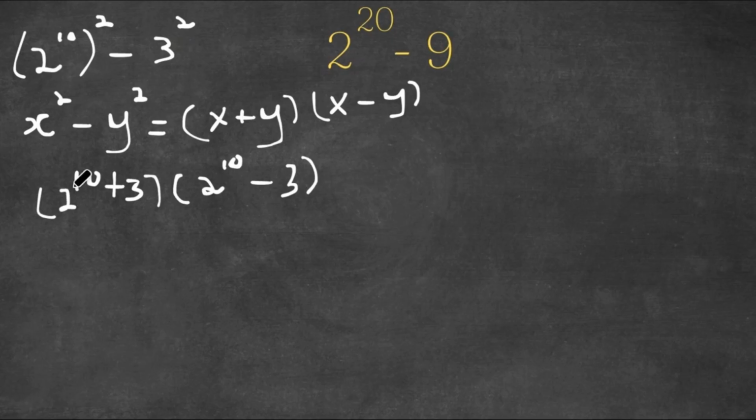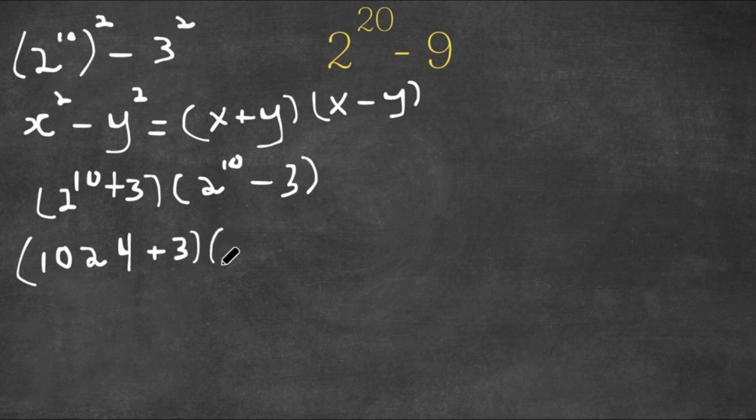Now, 2 to the power of 10 is 1024. So we have 1024 plus 3 times 1024 minus 3.